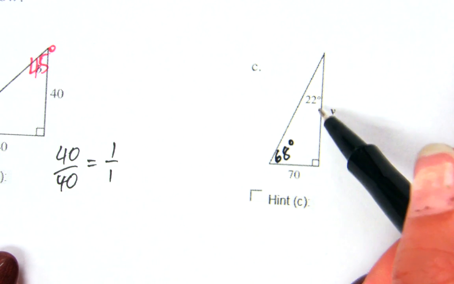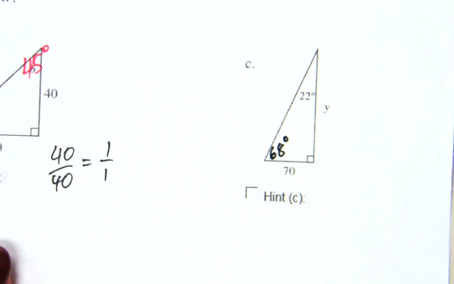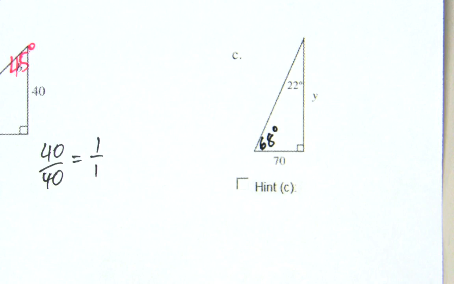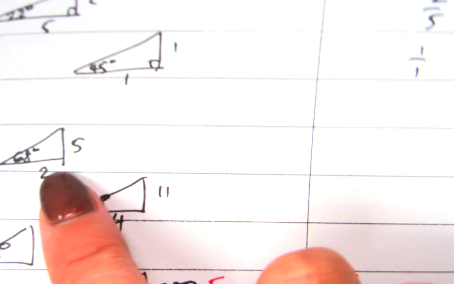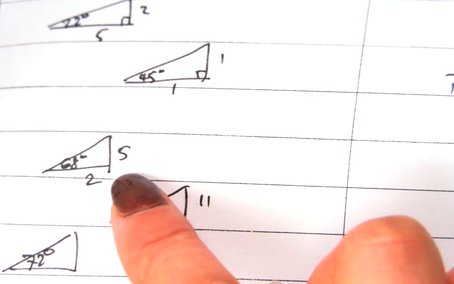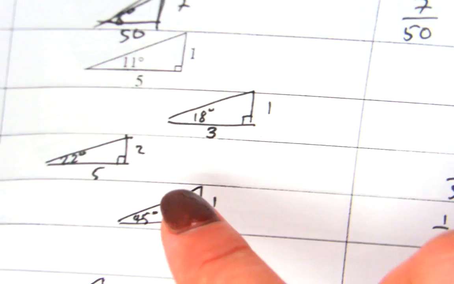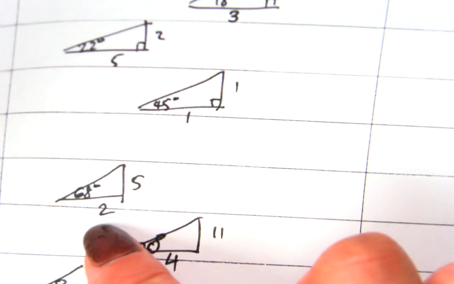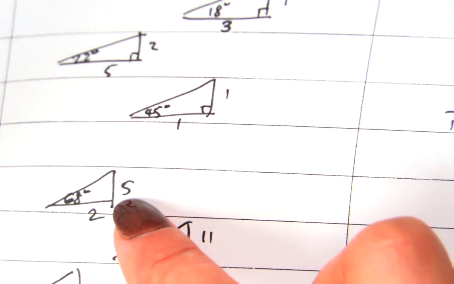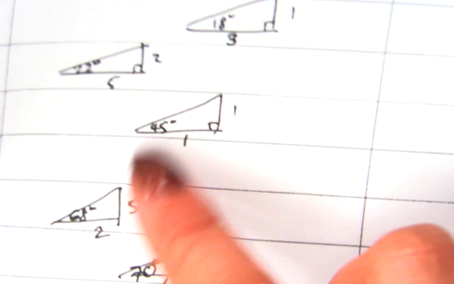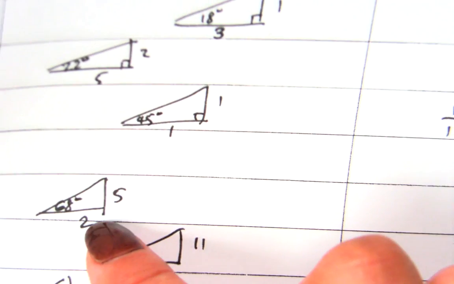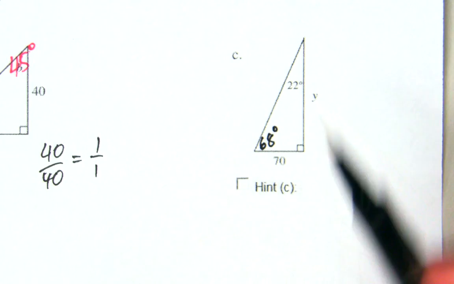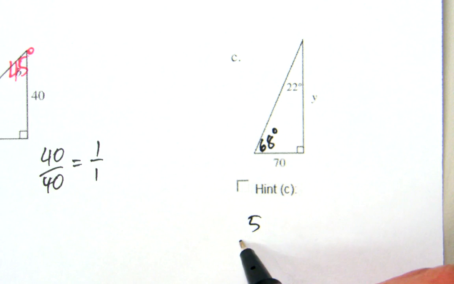So that's 68 degrees, that's 22 degrees, and our slope ratio for 68 degrees was the opposite of what it was for 22 degrees. 22 degrees had 2 over 5, so 5 over 2 for 68 degrees. So for 68 degrees, it's supposed to be 5 over 2, right?